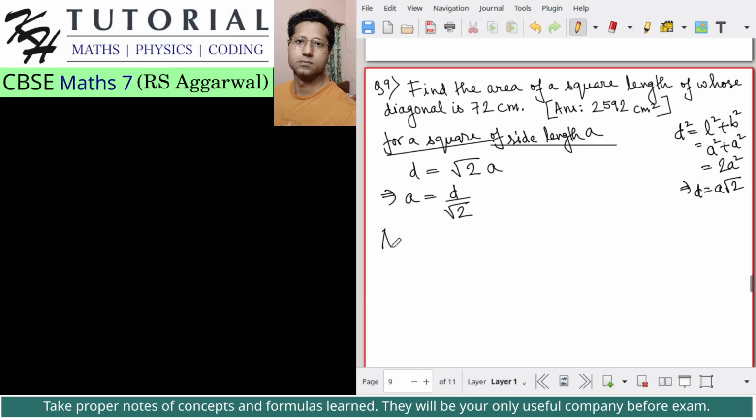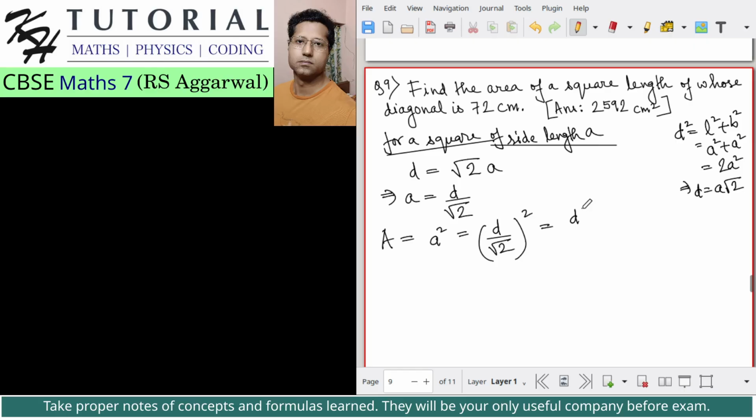Now what is the area? The area of the square is A square, where A is D by square root of 2, and D is the diagonal of the square. So A square will be (D by square root of 2) whole square.